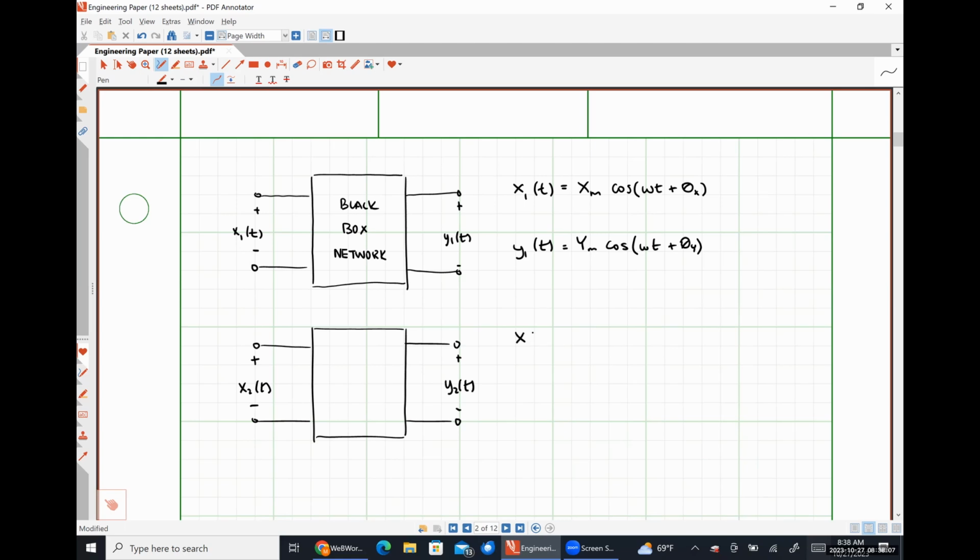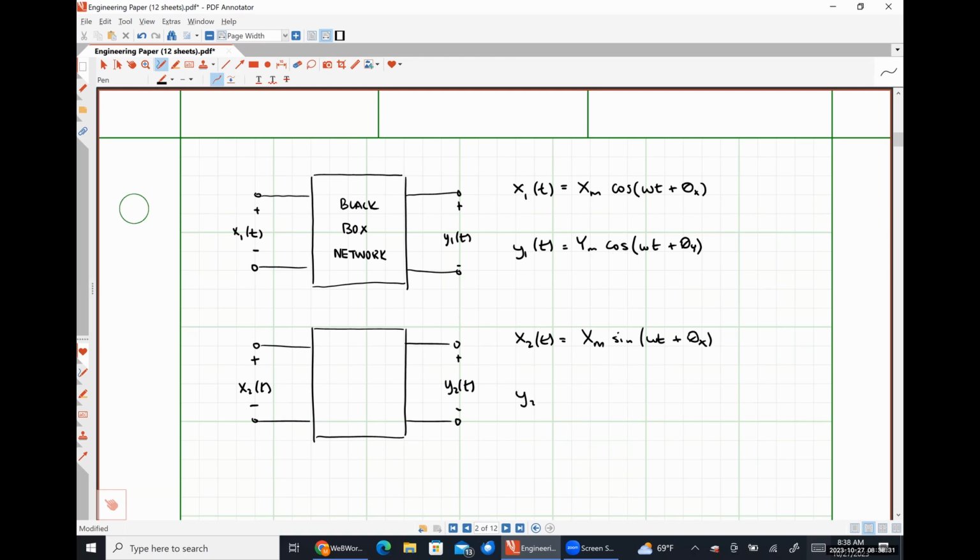So let's say in this case that X2 of t is equal to Xm sine omega t plus some phase angle theta x.